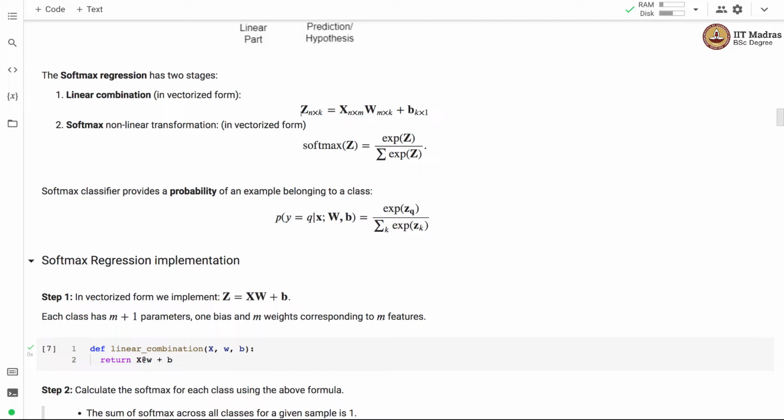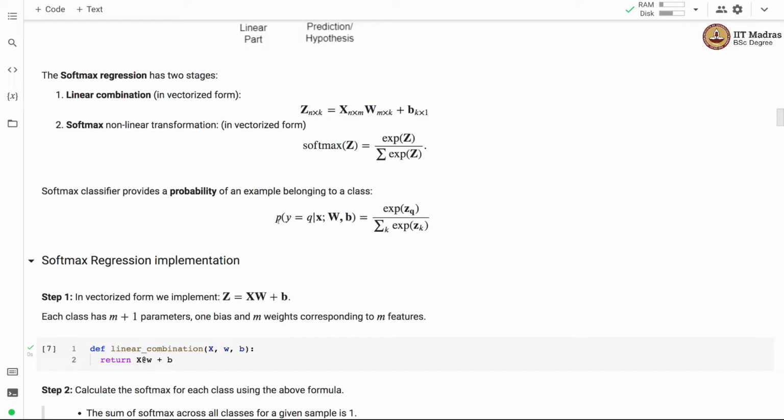Once we obtain this Z, we apply the softmax nonlinear transformation on it by calculating the ratio of exponential of Z divided by the sum of exponential of Z. Here we perform this sum row-wise, or by every example. So softmax classifier provides a probability of an example belonging to a class.